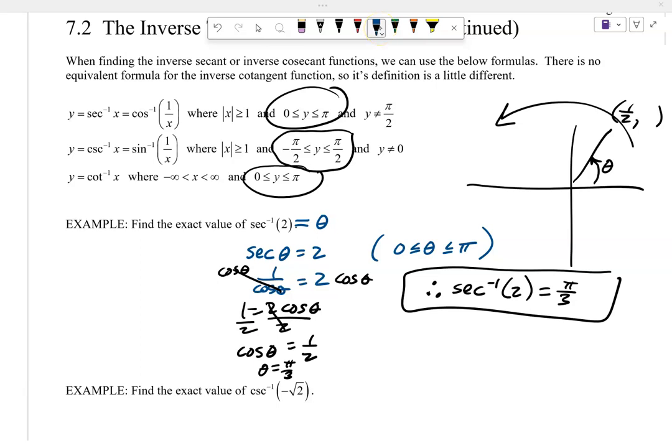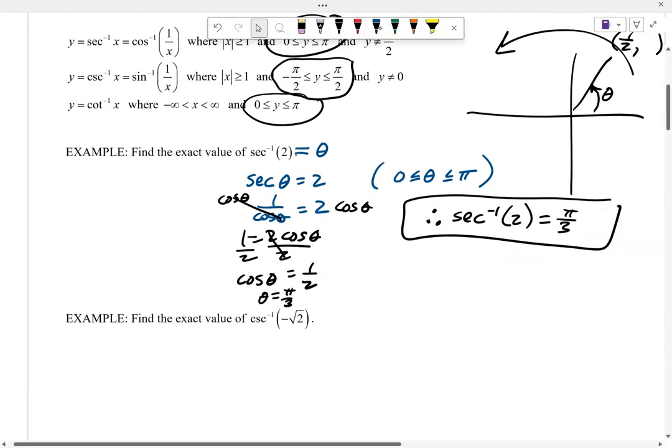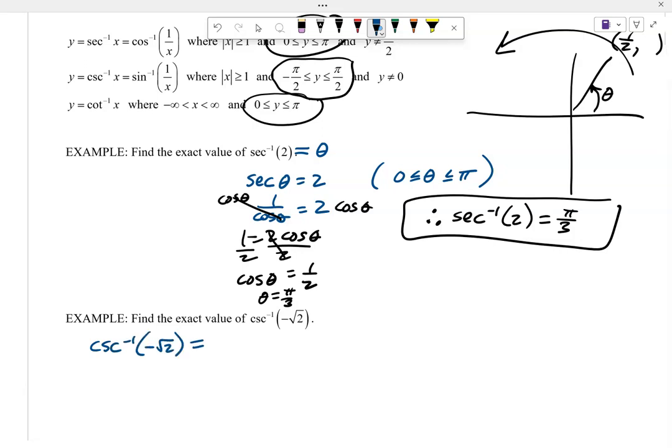Next one here, we've got the arc cosecant, or the inverse of the cosecant. So arc cosecant of negative root 2, I'm going to set it equal to theta. That means the cosecant of theta is negative root 2, and I've cut off the cosecant between negative pi halves and pi halves, so I know my theta is between there.